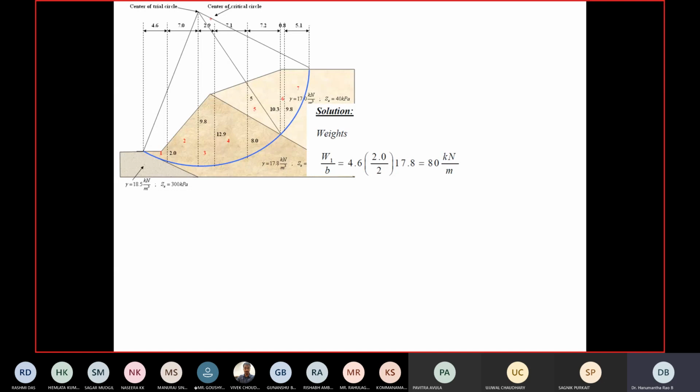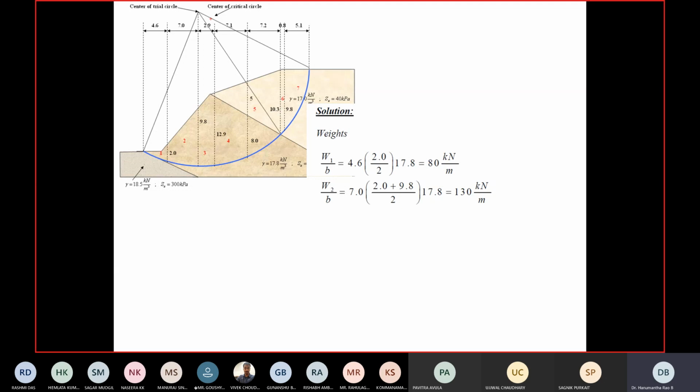So here also we can calculate the weight components of each slice, W1 by B. So try to note it down. This is for slice 1, and this is for slice 2. For slice 1, this is 4.6, that is the width, and average height is 2 by 2, so 17.8, that is the density of the soil.